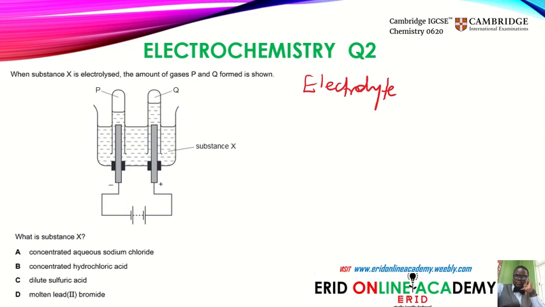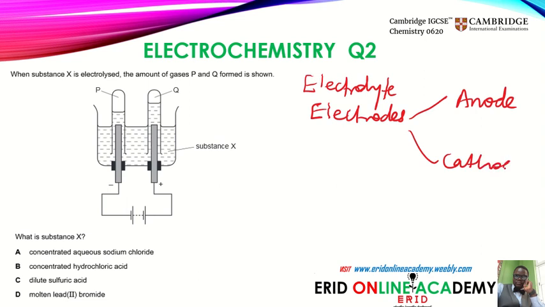So electrolyte. Then of course you have electrodes. Your electrodes could either be your anode or your cathode. Which one is the positive electrode and which one is the negative electrode? Your cathode is the negative electrode, while your anode is the positive electrode.